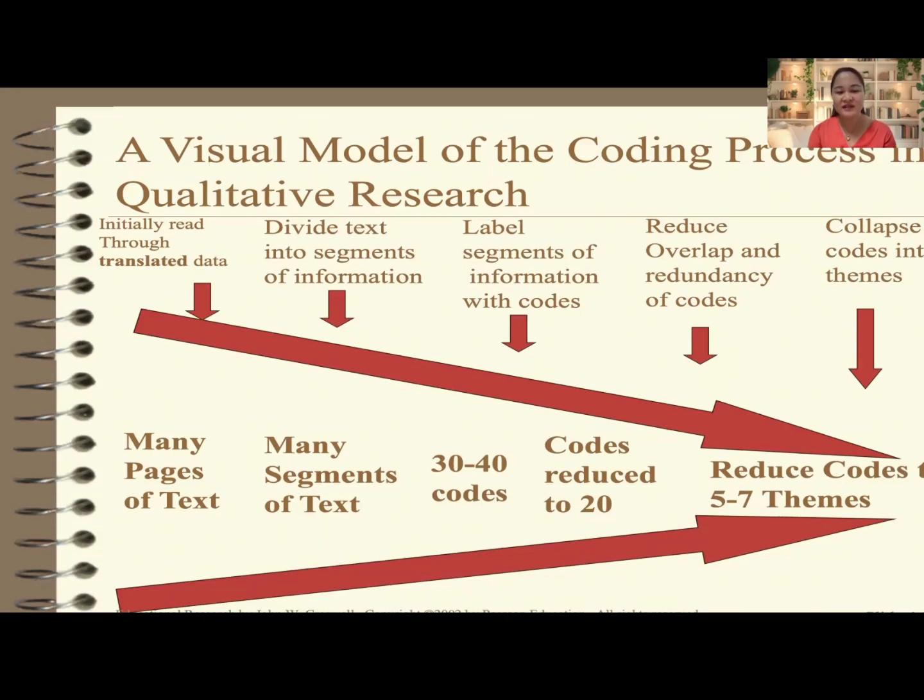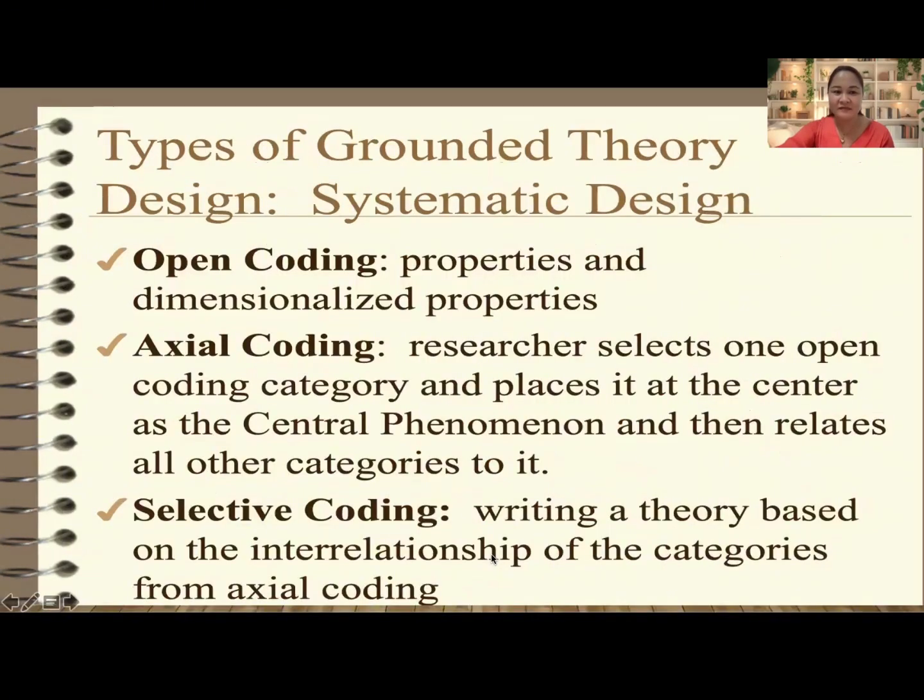You divide the text into segments of information, label segments into useful information with codes, from codes 30 to 40, and reduce that into 20, reducing overlapping and redundancy of codes, and collapse codes into themes, and then you can create themes. You can use first cycle coding, open coding, and then go to the second cycle coding, identify axial coding. You can group together differences and similarities, and then you conduct memo writing.